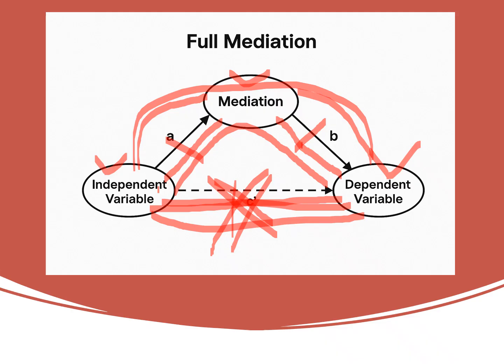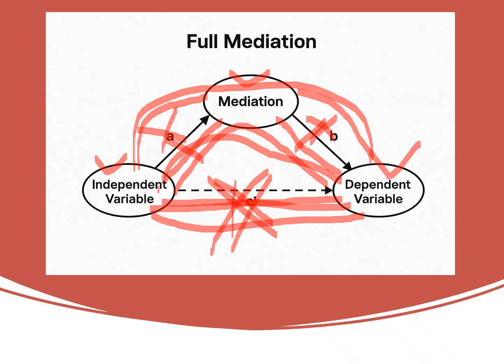And when there will be no mediation, look here, when we see that any of the paths of this relationship, this or this might be insignificant, and total specific indirect is also insignificant, that time it is no mediation.